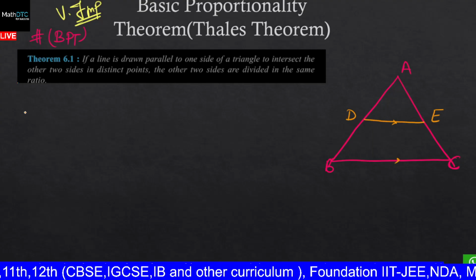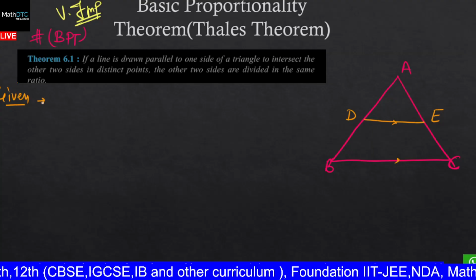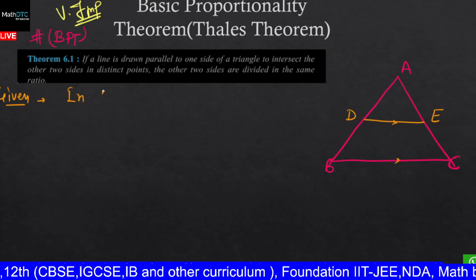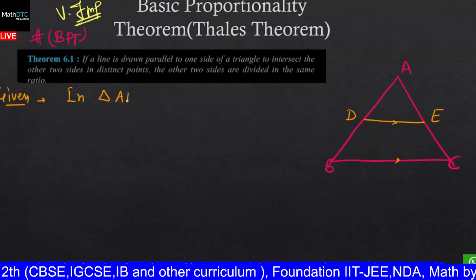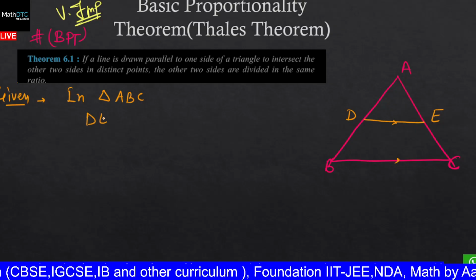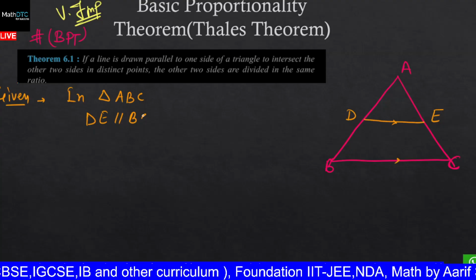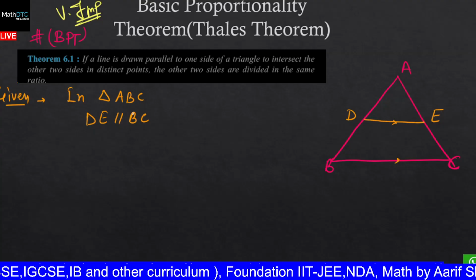Given: in triangle ABC, side DE is parallel to BC.